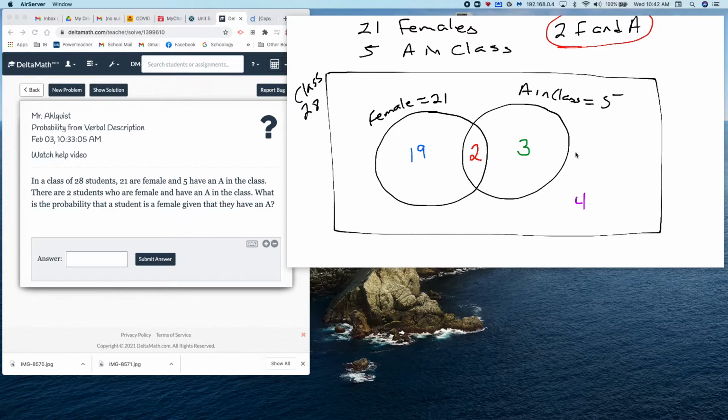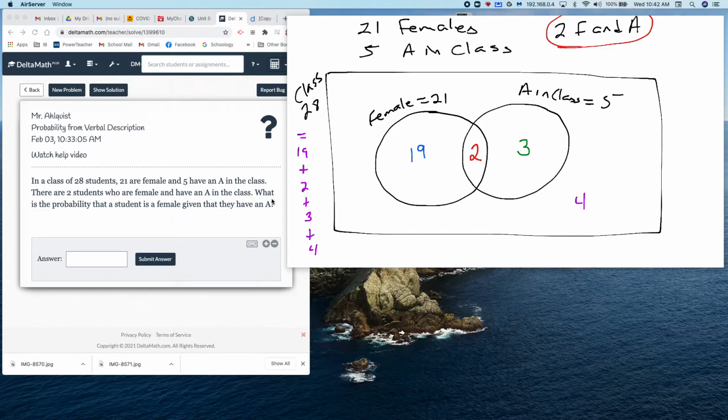Notice that we have the 19 plus the 2 plus the 3 plus the extra 4. That represents the whole class for this situation.